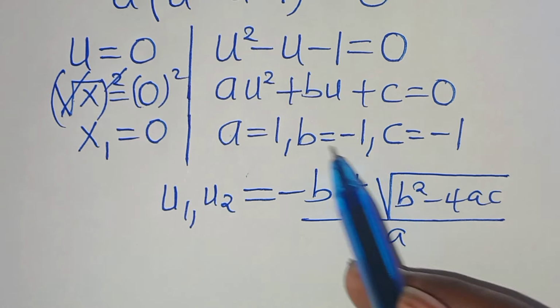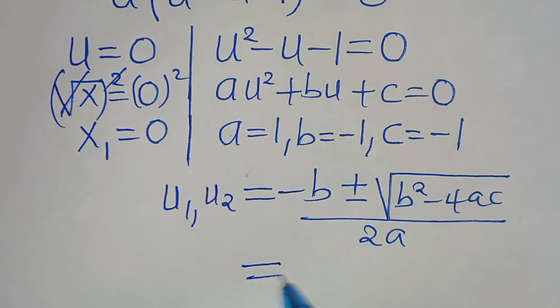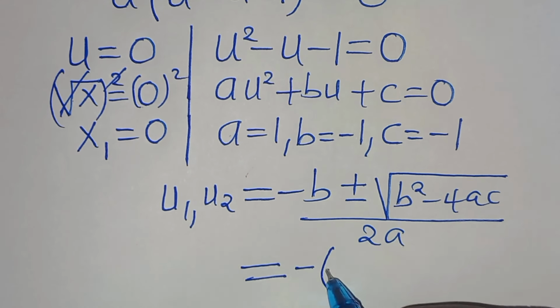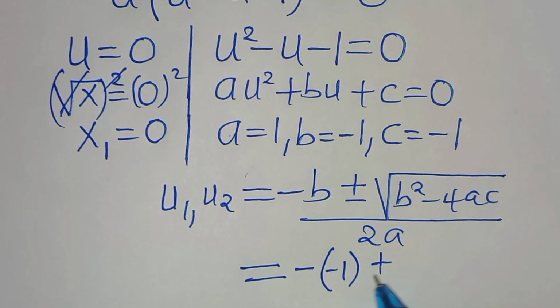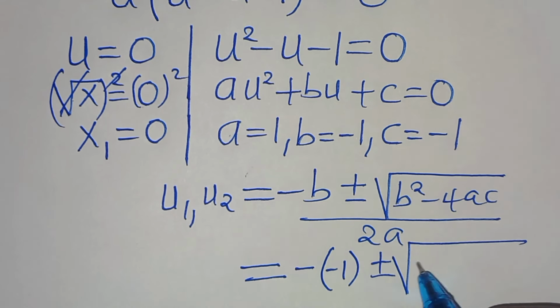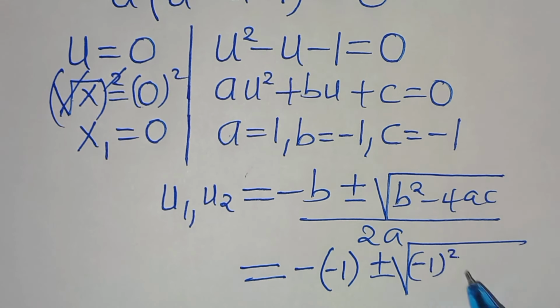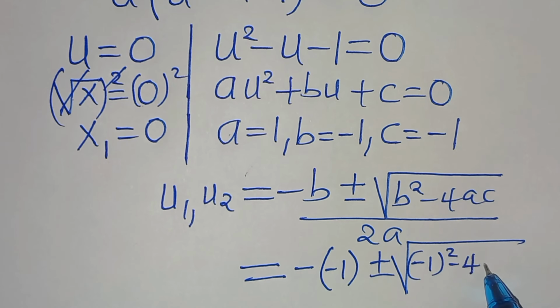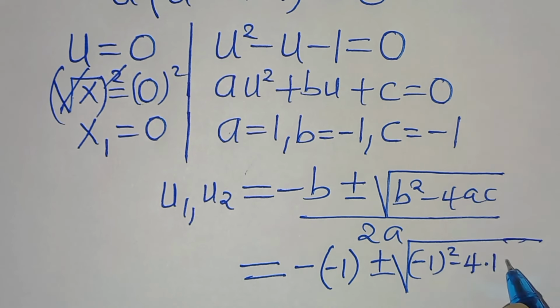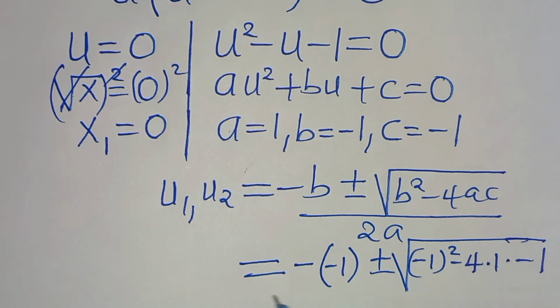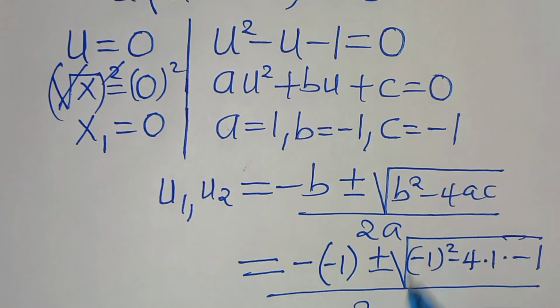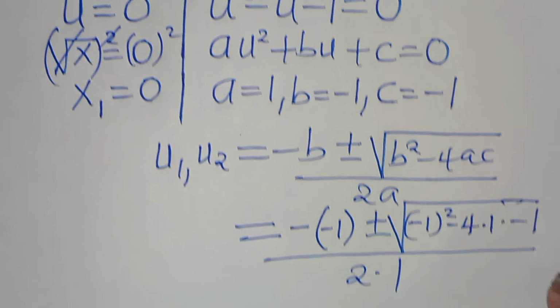Substituting the values of a, b, and c, this means that we have minus minus 1 plus or minus the square root of minus 1 squared, subtract 4 times a, which is 1, times c, which is minus 1, everything divided by 2 times 1.